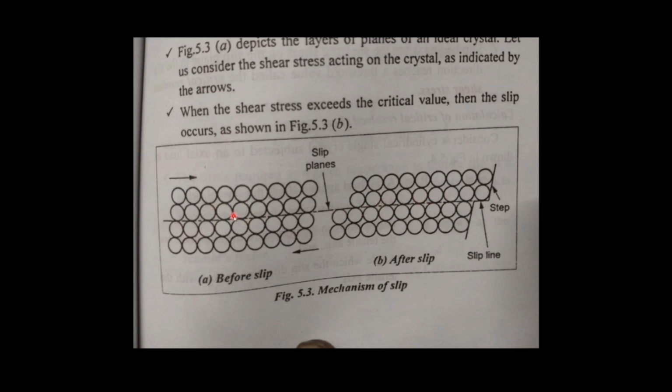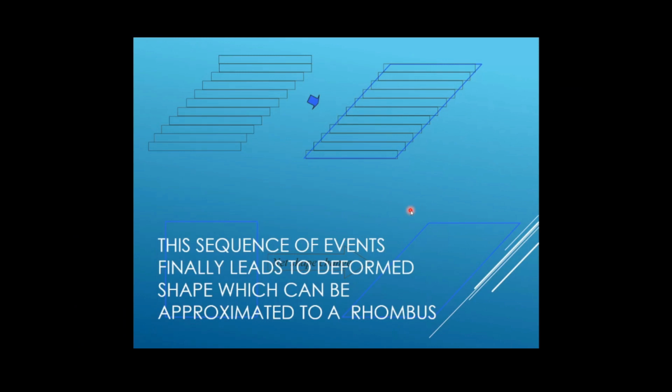Before slip, the crystal structure is uniformly placed. After the application of tensile load, slip will occur, which dislocates exactly half of the structure. These are different examples of dislocation of a crystal by means of slip.